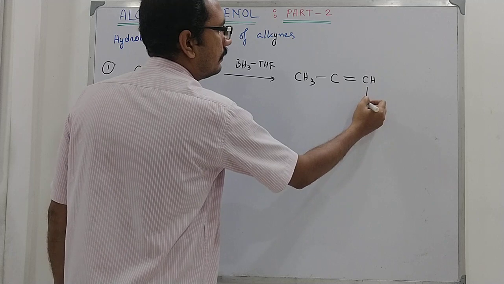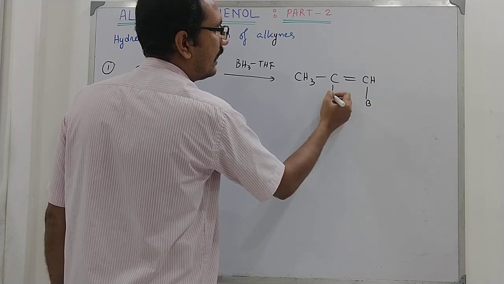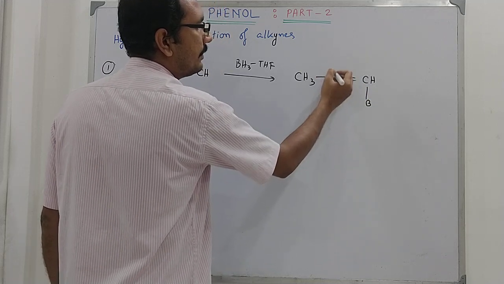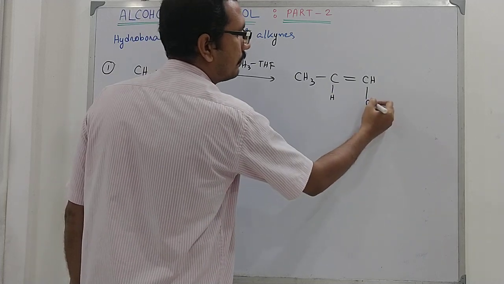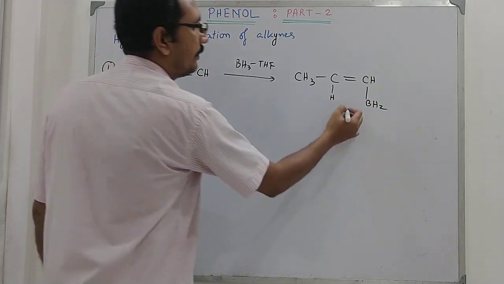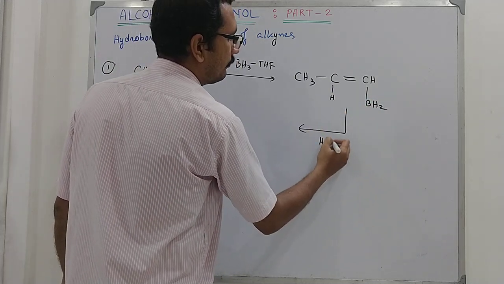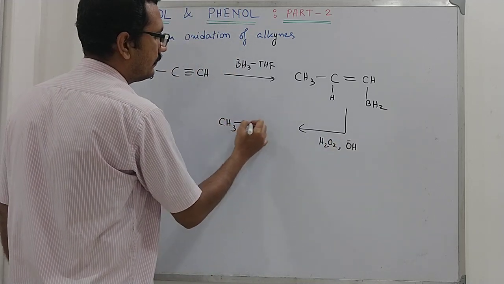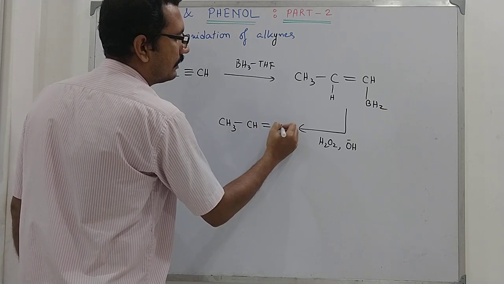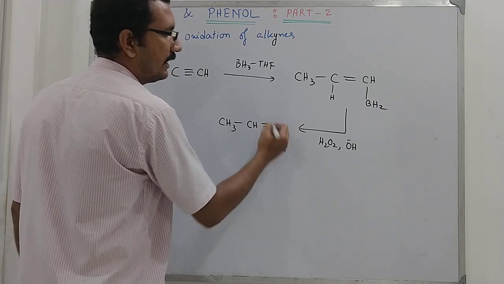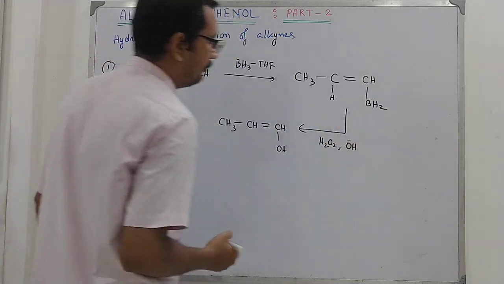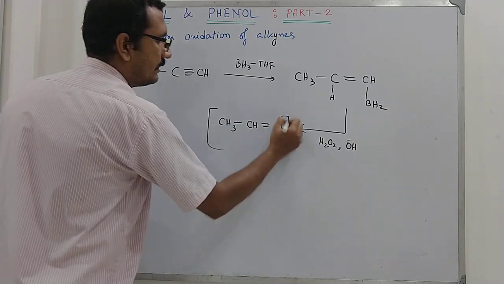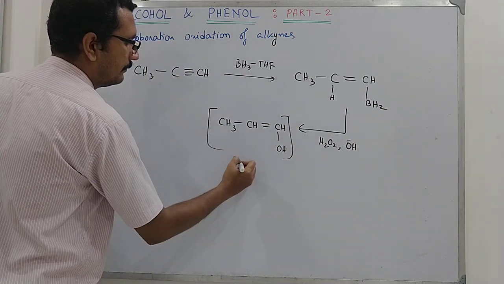now again, the boron will come here and the hydrogen will come here. Since del plus is more stable at this position, we will have this product. Now when it is treated with H2O2 OH minus, it will give us CH3-CH=CH-OH. Here we will have OH at the position of boron. Now see, this is an enol and it is unstable.